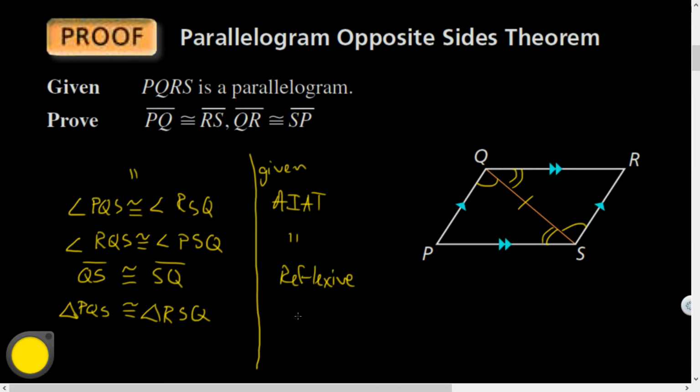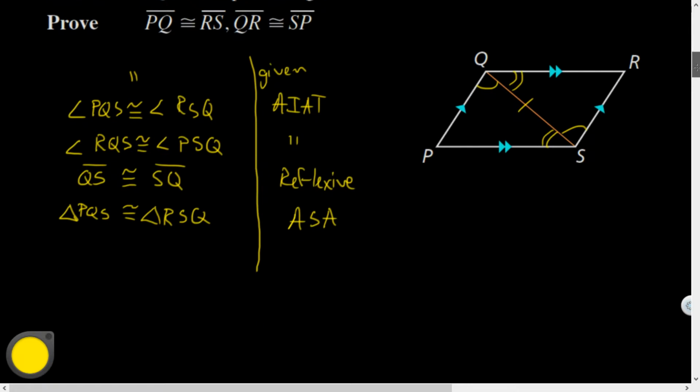Why are these triangles congruent? Angle, side, angle. And now that I know these triangles are congruent, I believe I could say my proven statements, both of them in fact: PQ is congruent to RS, and QR is congruent to SP. Why is that?